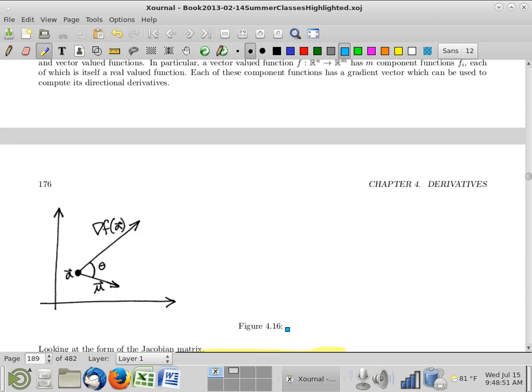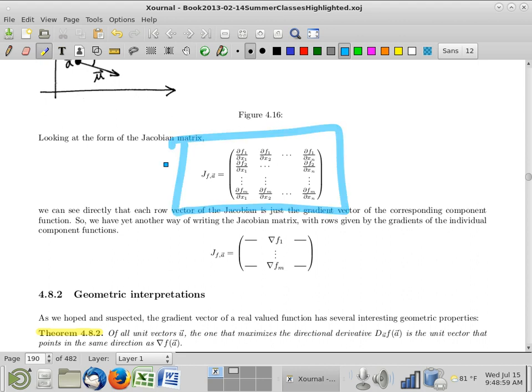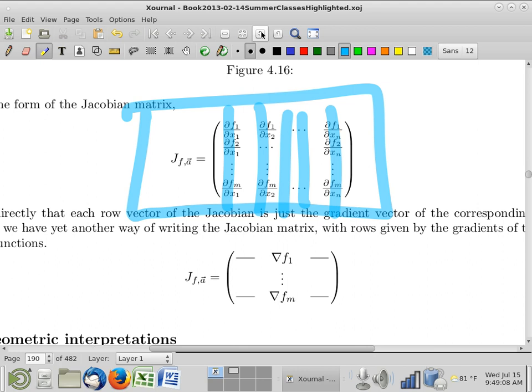Okay. All right. So what? One more quick observation. Don't forget our Jacobian matrix looks like this. Previously, we had observed that the columns correspond to partial derivatives with respect to a single input variable.